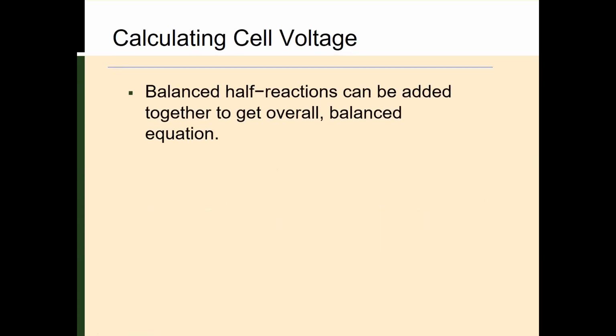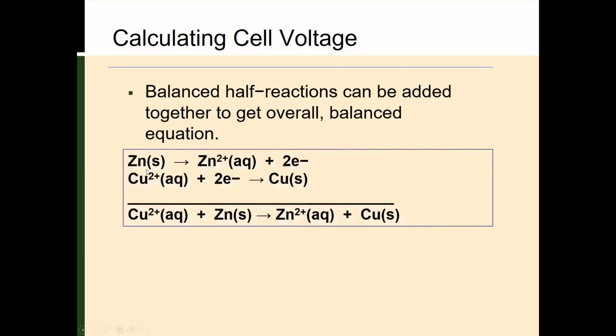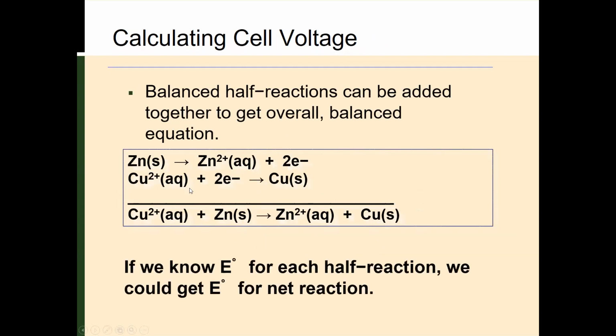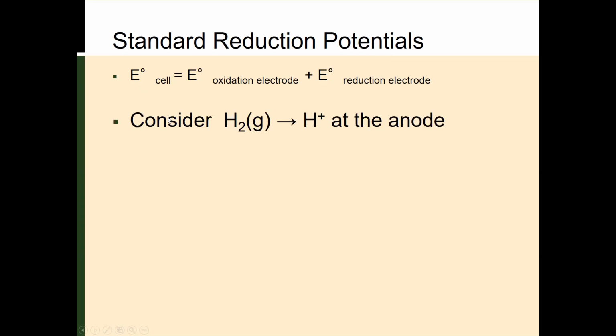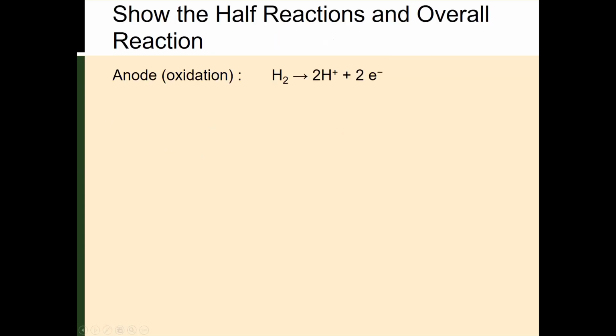Okay, so if I want to calculate the cell voltage, I could use those potentials. And if I know the potential for the oxidation and the potential for the reduction, I can calculate the standard potential for the cell. If I have hydrogen at the anode, copper at the cathode, it comes out fairly easily. My anode is going to have a cell potential of 0 because it's our standard hydrogen electrode.